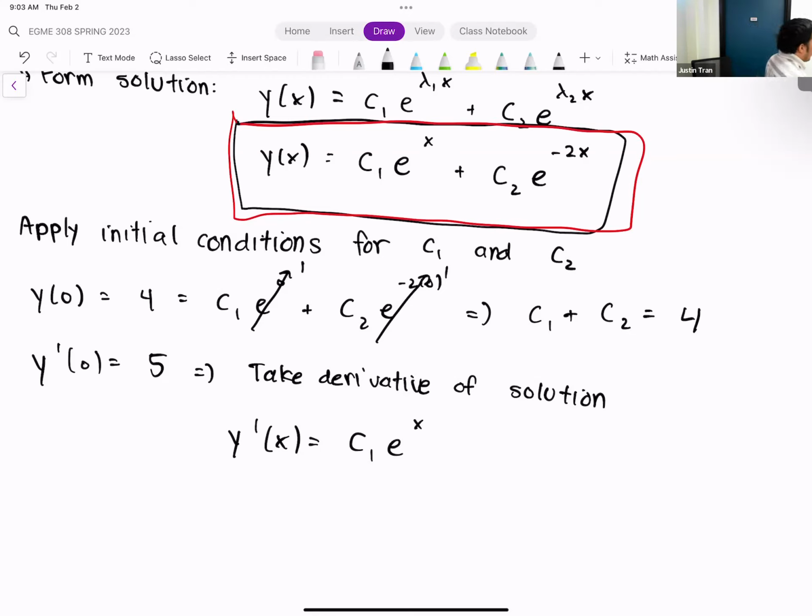All right, and then we get to the second term. And so the derivative of the second term, which is C2 e to the minus 2x. The C2 is a constant, and so that just comes out. And so we take the derivative of e to the minus 2x. We apply a chain rule here, and so we take the derivative of the exponent, which is minus 2.